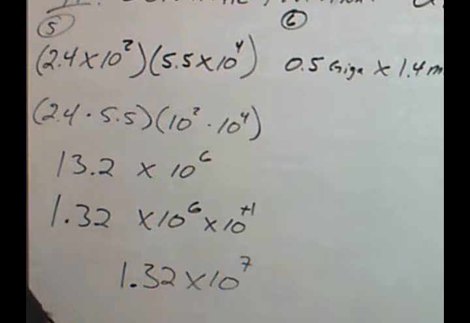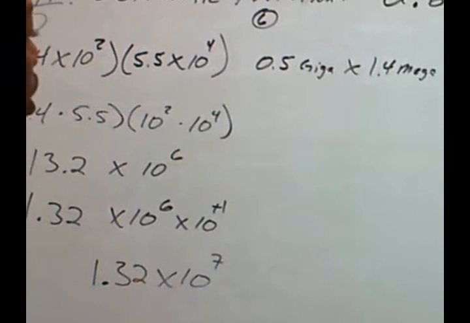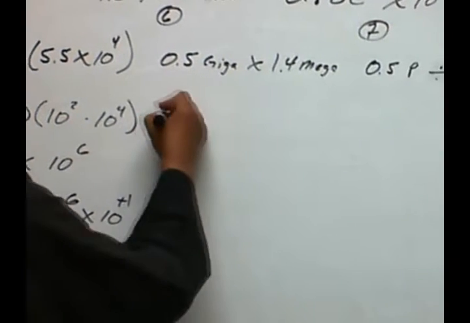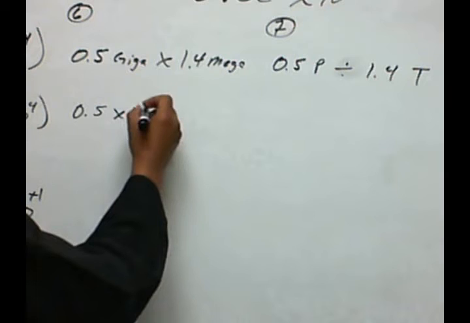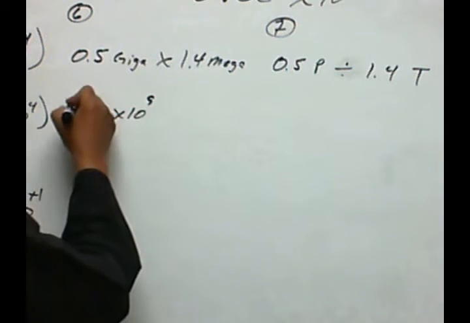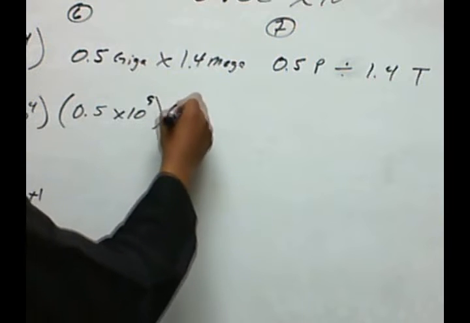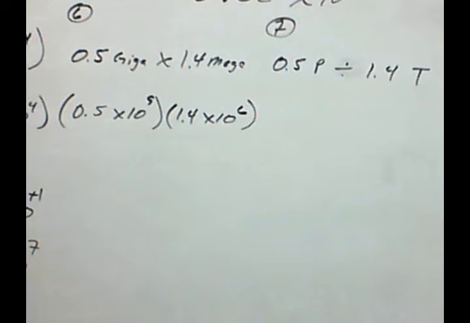Next, we have a 0.5 giga and a 1.4 mega. Okay, the giga is represented by times 10 to the 9th power, and the mega is times 10 to the 6th power.